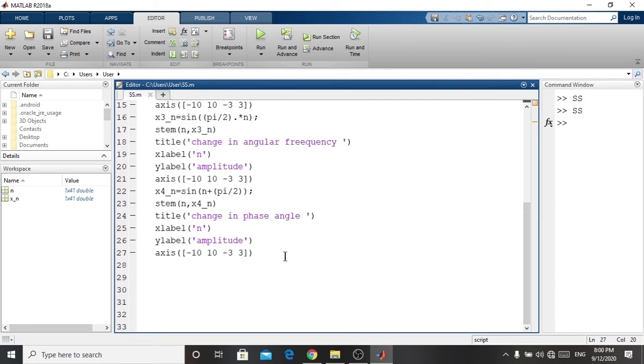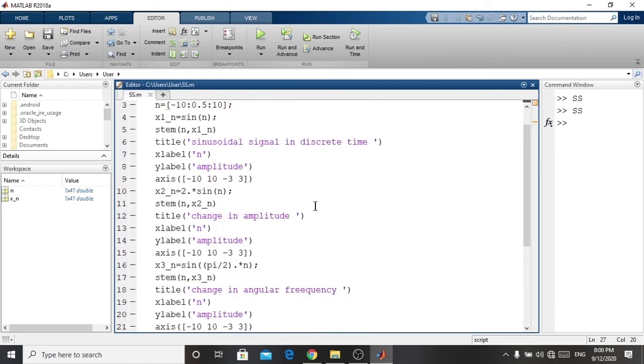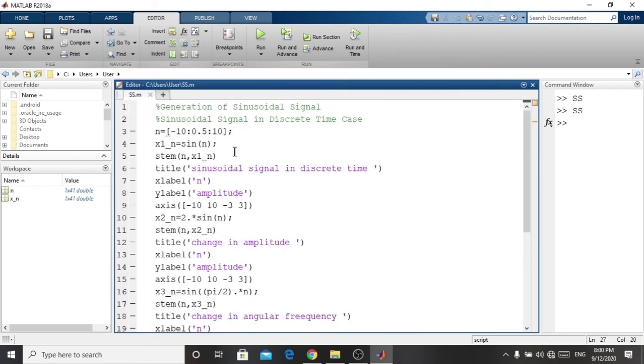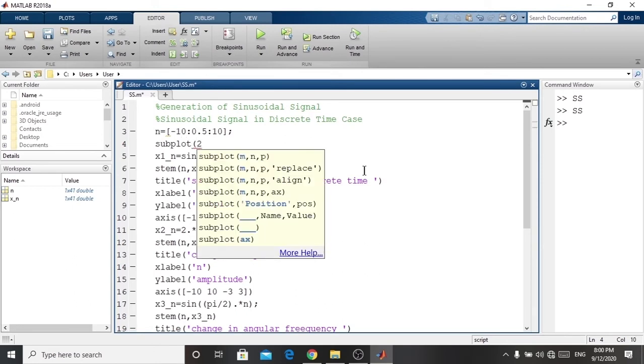For getting the four graphs in a single window, let's define the function subplot. In this, subplot of number of rows is 2, number of columns is 2, and position of this graph is 1.